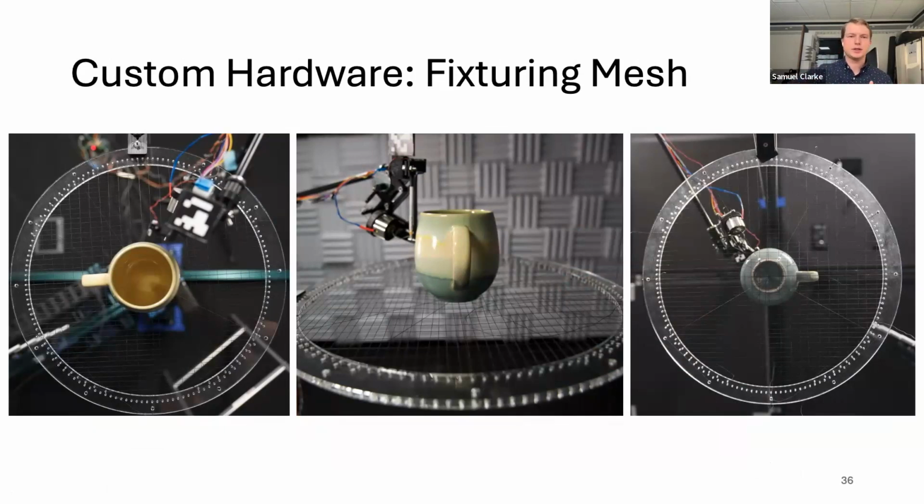We also wanted to measure the sound field below the object, so it was important that we had an acoustically transparent surface to rest it on. We placed each object on the center of this mesh, which is centered in this semi-anechoic chamber, and the mesh is also in the center of this gantry.